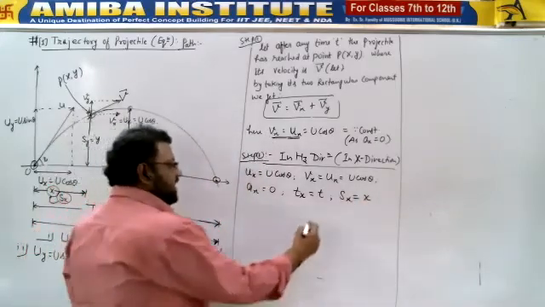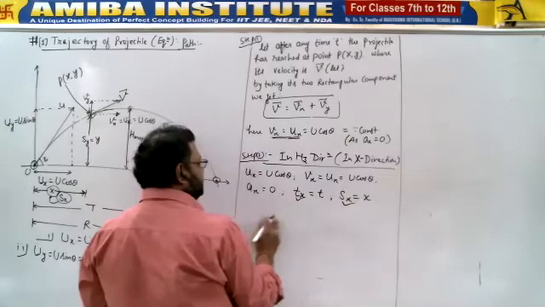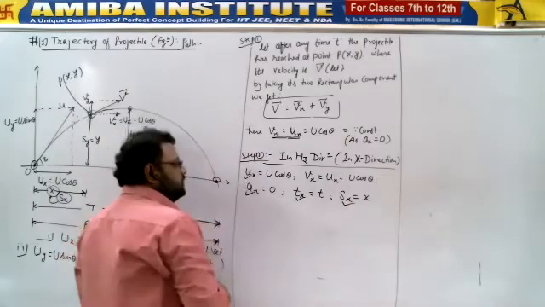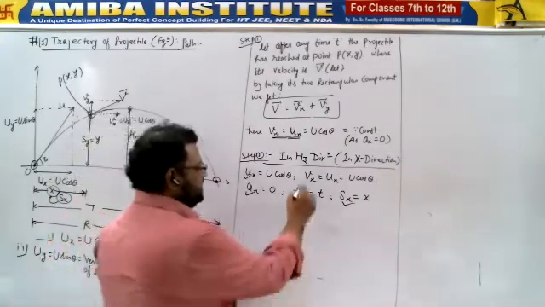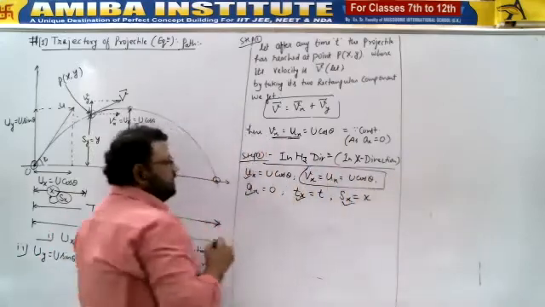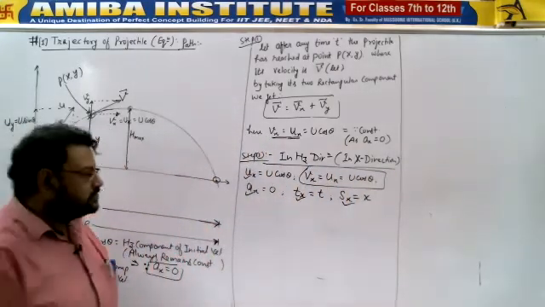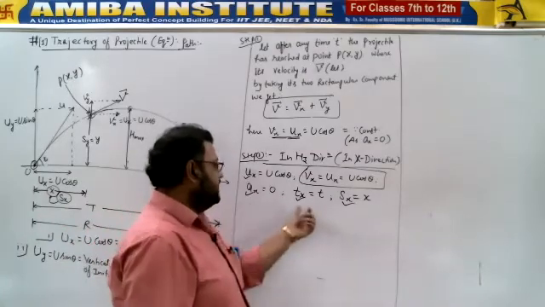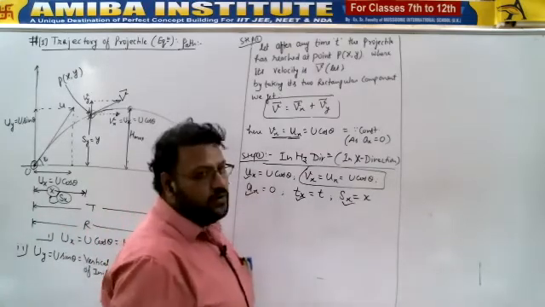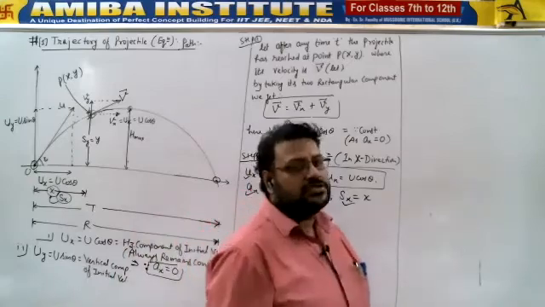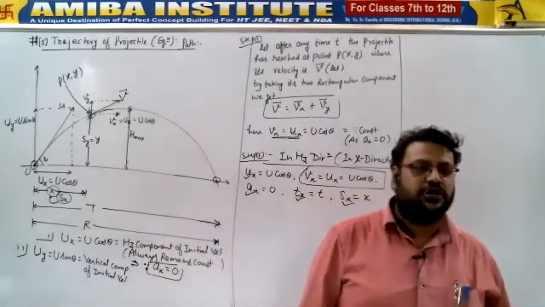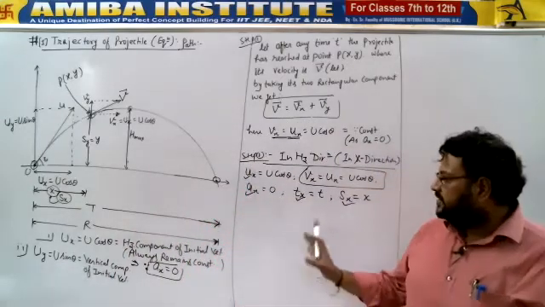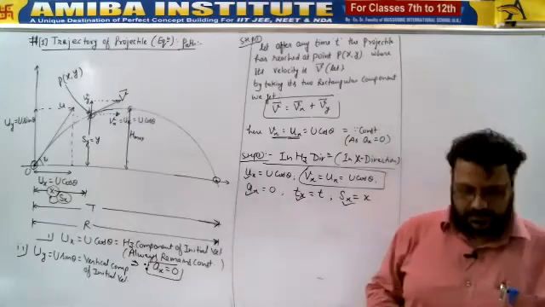So we know Sx, we know Tx, we know Ax, we know U. UAT, since V will not matter in the x direction. So by considering these facts as UAT, we know the second equation of motion, S is equals to UT plus half AT square, in which all these four data come.